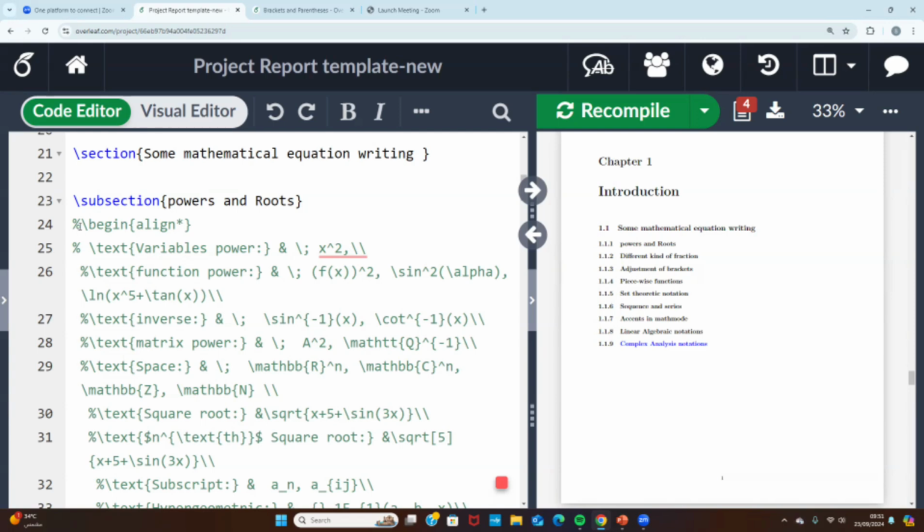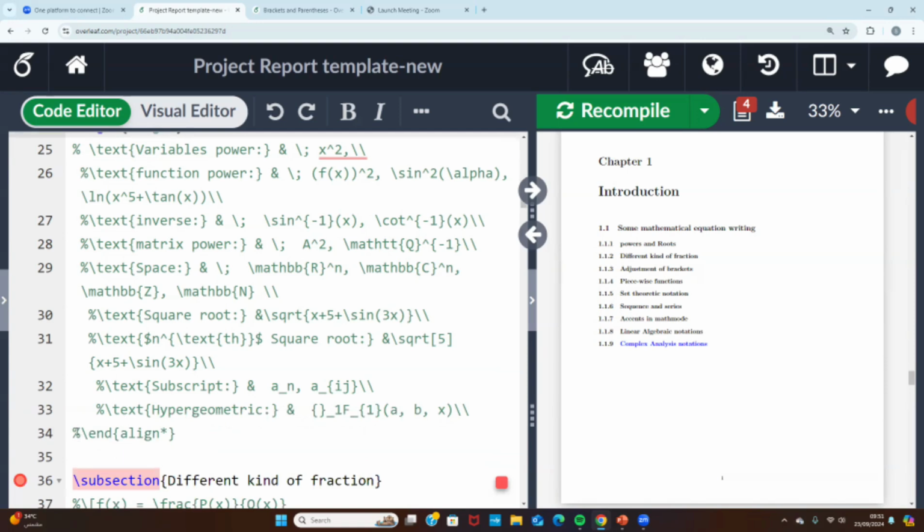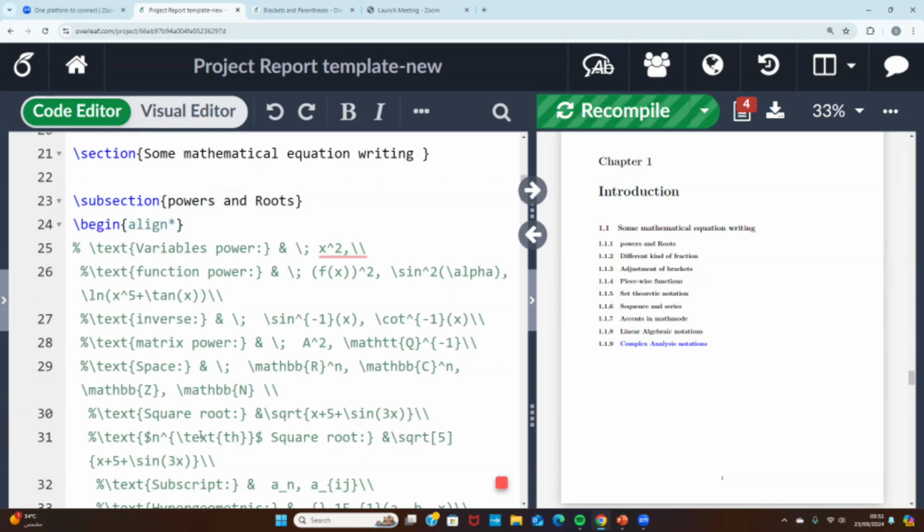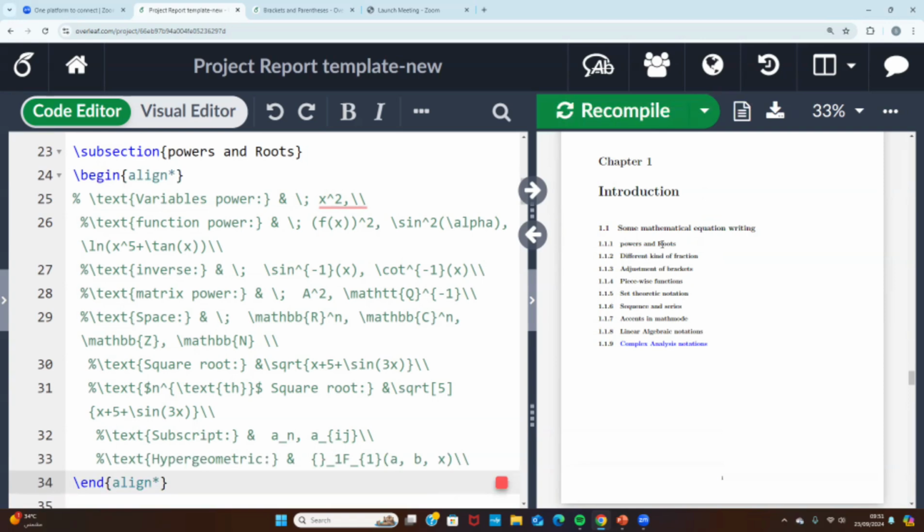So we will use the begin-line and end-line. And to save time, we already typed it here. And from there, in the next few lectures, we will discuss the other items.